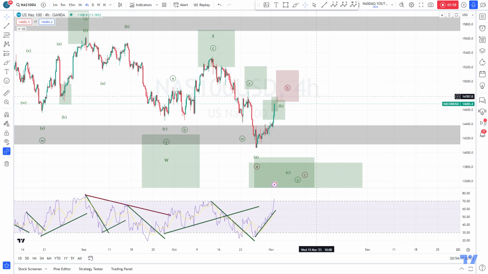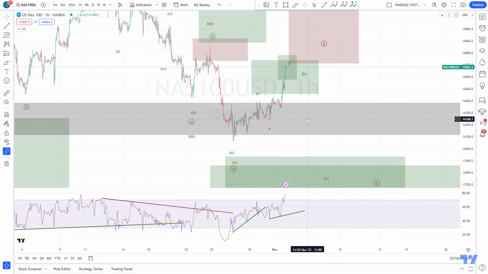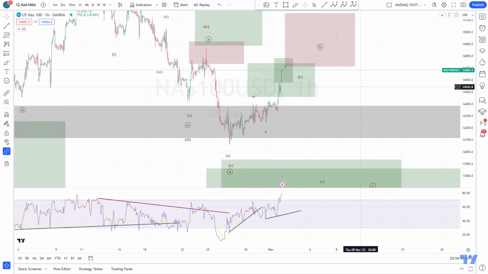So in the 4-hour, it looks very bullish, in an upward cycle. We are currently in an upward cycle. So let's have a look at the lower time frame.